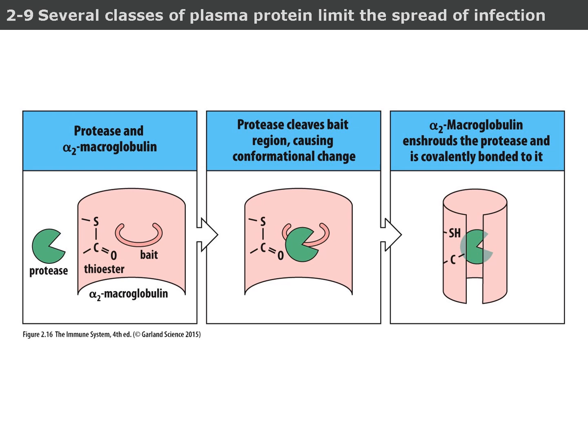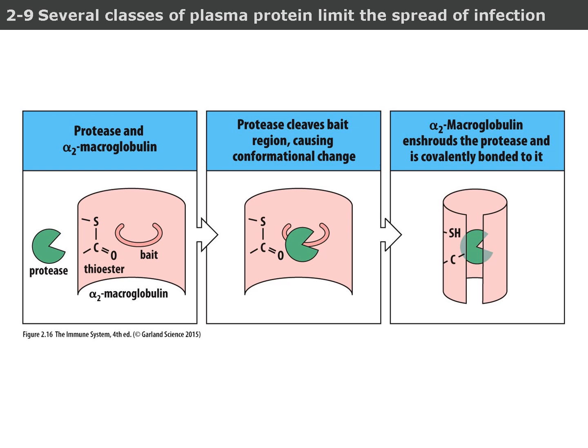The protease, thinking it's about to perform its usual function, cleaves the bait. But instead of continuing on, this action triggers a dramatic conformational change in the structure of the alpha-2 macroglobulin. Like a trap snapping shut, the protein wraps around the protease and holds it tightly.